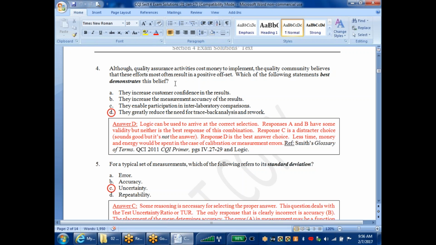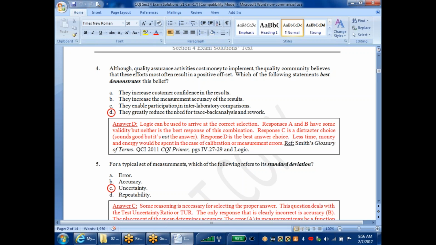Well, A and B have some validity. They're true to some degree, but neither one of these is the best answer choice, and that's where many questions are a little more difficult. C, they enable participation in interlaboratory comparisons. Well, no, that's not the best reason for doing this.